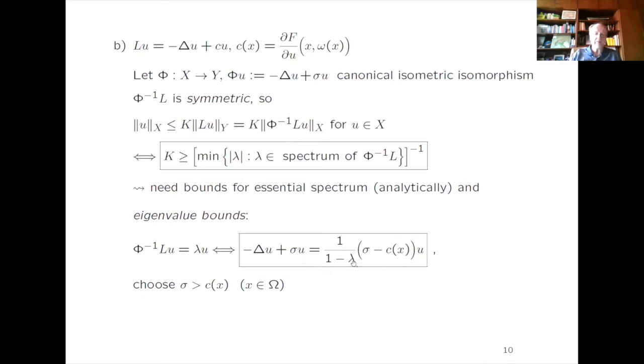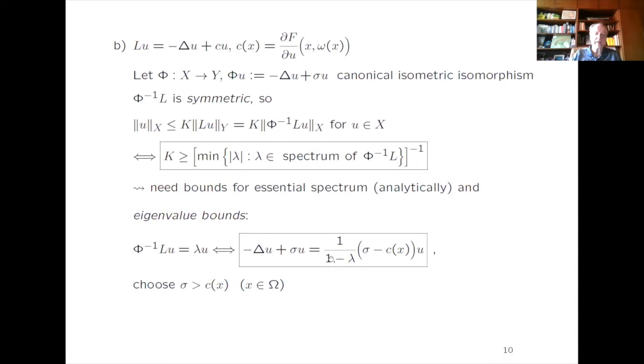Now, we replace this 1 over 1 minus lambda by a new spectral parameter. And second, we fix our sigma to be bigger than c of x for all x and omega. Recall that sigma is the parameter in the inner product, so we can freely choose it. If we choose it bigger than c of x, then this is a nice positive weight function in this eigenvalue problem.